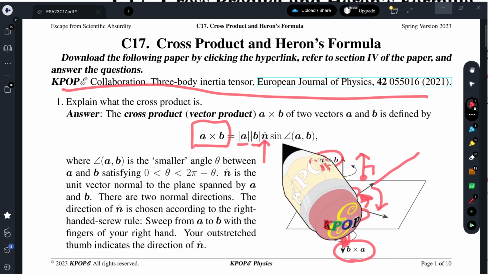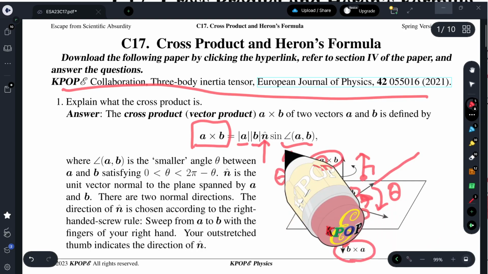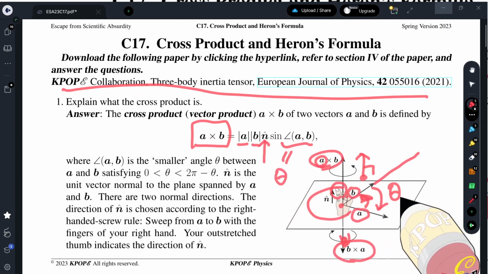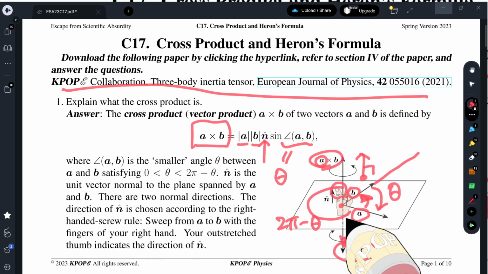And theta is the angle between the two, which is the smaller one. We have 2 pi minus theta, the other larger angle.